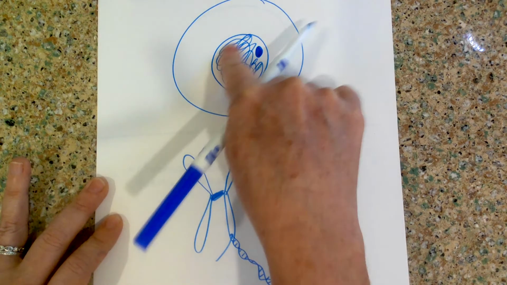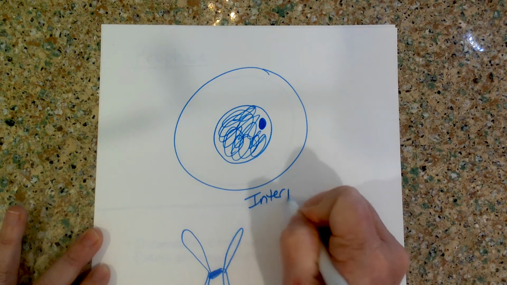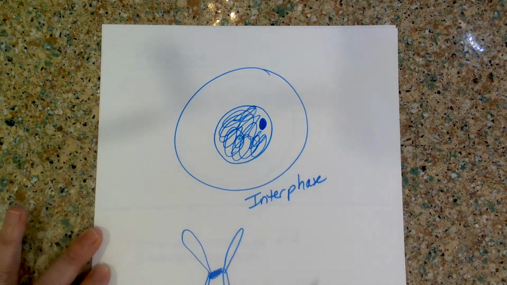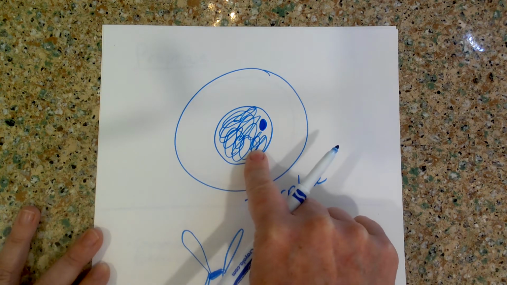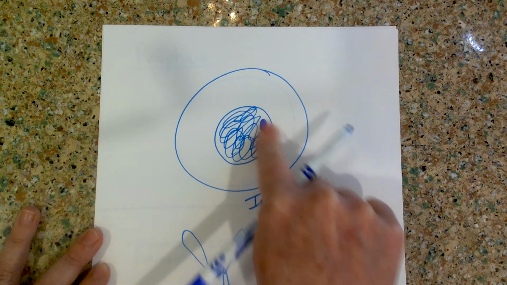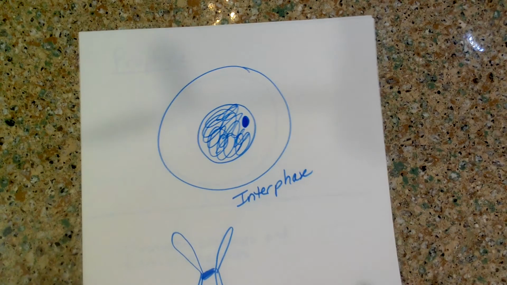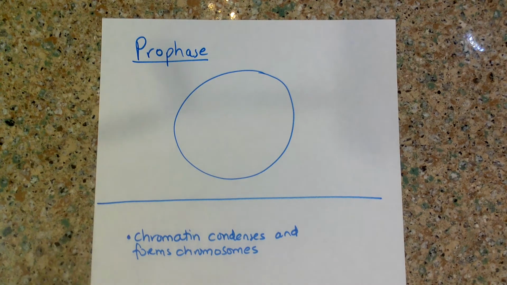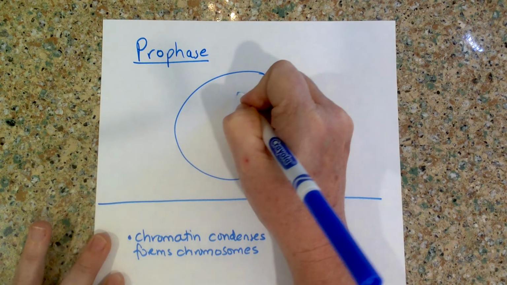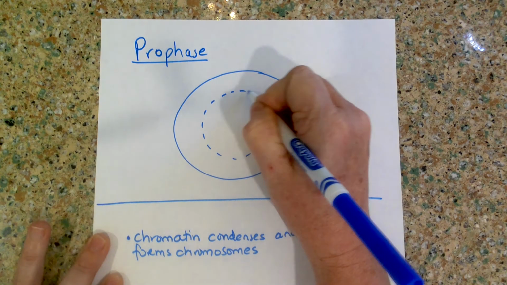And while the cell is working in the interphase, that DNA is unwound, so it actually can read the directions and understand what's going on. So this is a working cell, okay? When we go into that prophase, the cell has to pack up that DNA, and so the nucleus is going to start to disappear.